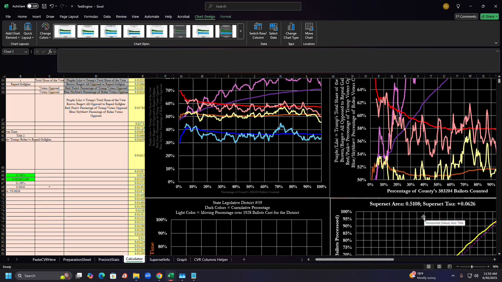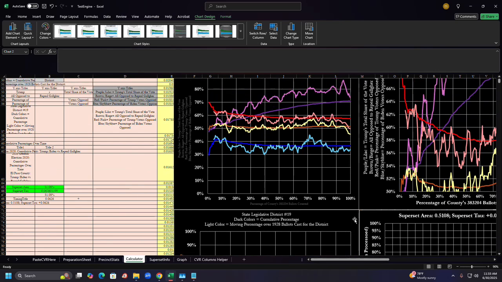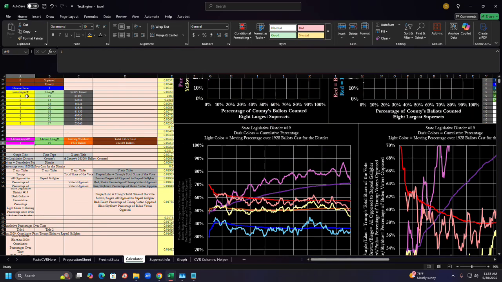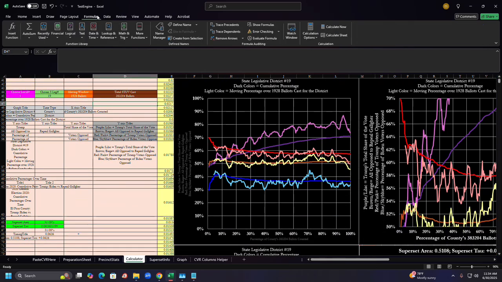Now here you can go through each district one at a time. So you see it says choose local number. The local number tells you the state legislative number. So local number 1 means state legislative district 19. Local number 2 is 14, etc. So this is the 19th district.